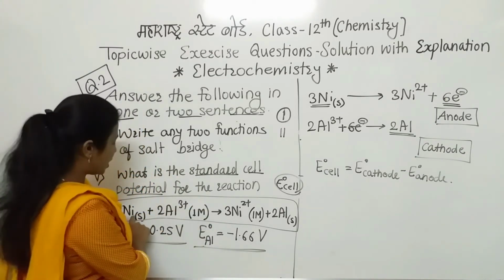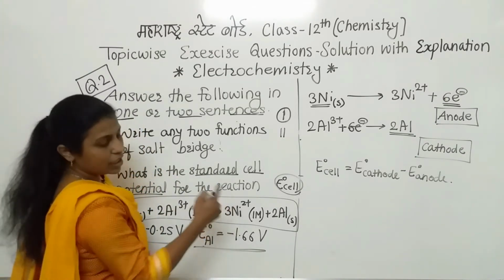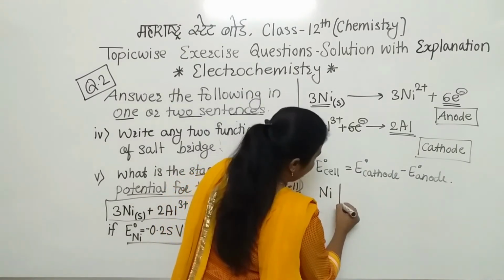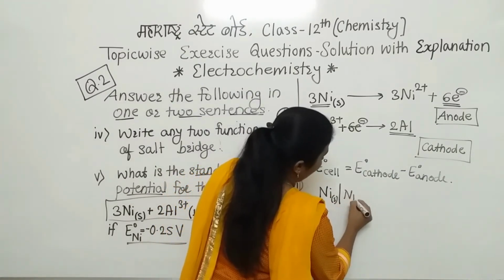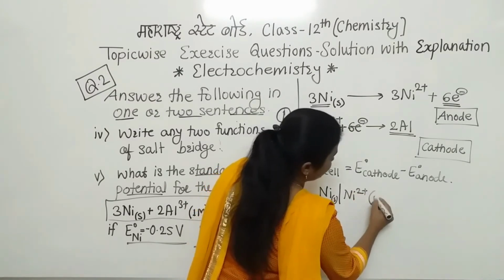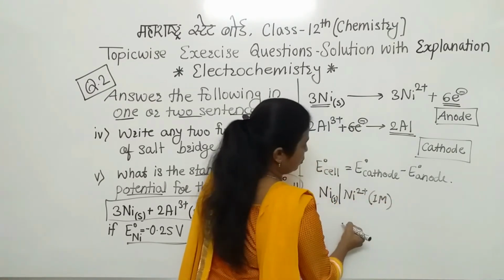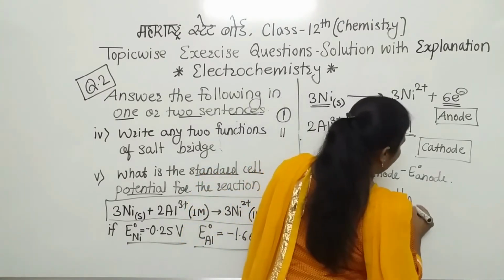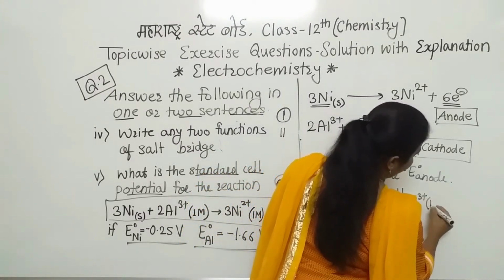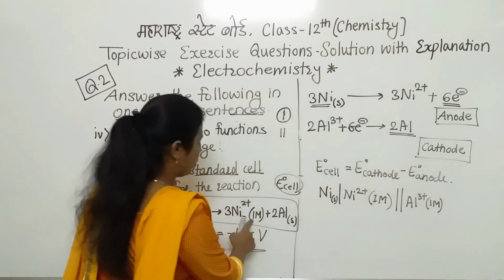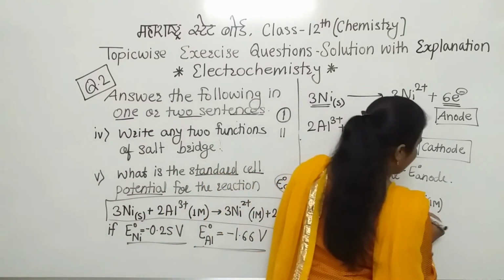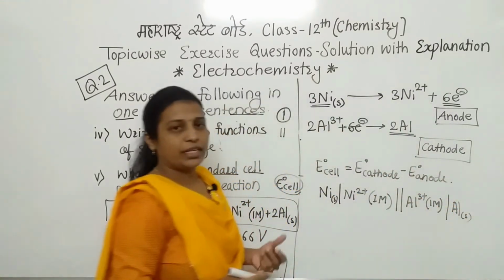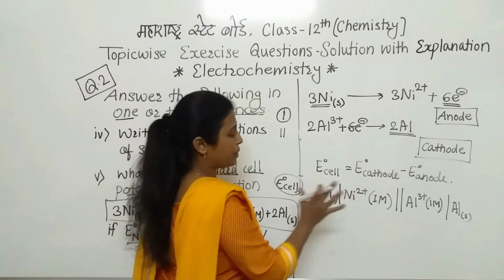Here, nickel has converted to nickel 2 plus, so the cell representation will be Ni in contact with Ni2 plus, which is of 1 molar concentration. There is a salt bridge between nickel 2 plus and Al3 plus, which is again of 1 molar concentration. After that, it is in contact with the Al, which is in the solid state.